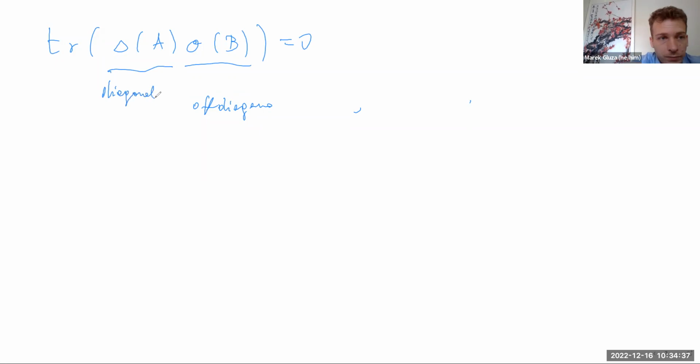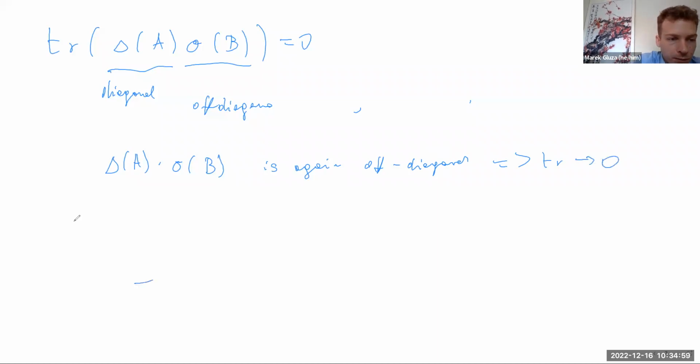And the proof argument is basically sigma of A. So a diagonal matrix times off diagonal matrix is again off diagonal. So it has 0 diagonal. So then the trace evaluates to 0. So how do we check that?